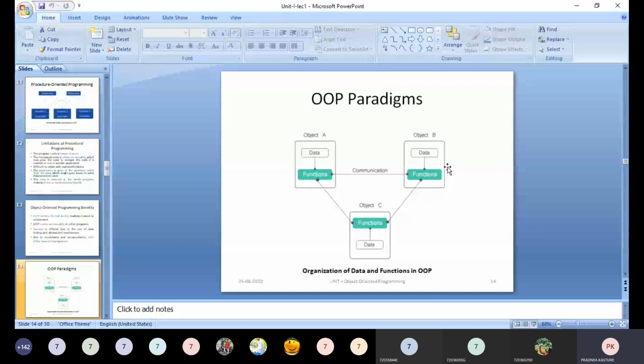The objects communicate with each other only through functions. We cannot directly use the data of object A, B, or C; it has to be used via the functions or methods of that particular class. So the OOP paradigm is explained in this figure, showing how data and functions communicate.